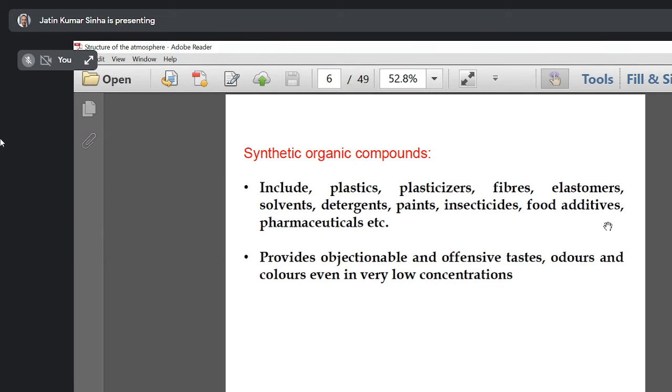If they end up in a water body system, they give a very offensive taste and odor, and also color. Even a very small concentration of these chemicals is very, very harmful for human health.